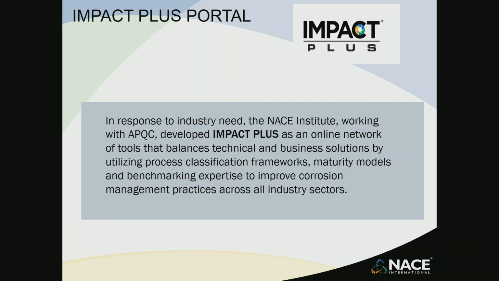The other contractor that worked with APQC was DNV GL out of Columbus, Ohio. Coupled with the fact that APQC has developed a software system called Mosaic, which is the software system upon which Impact Plus is built.